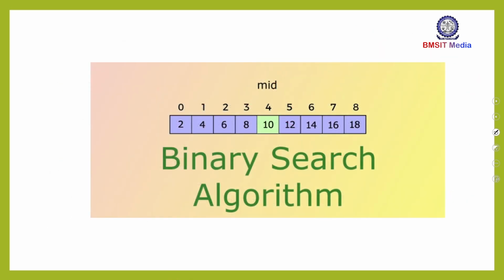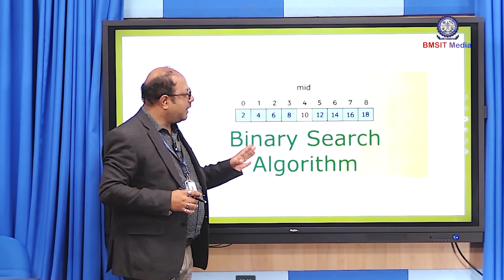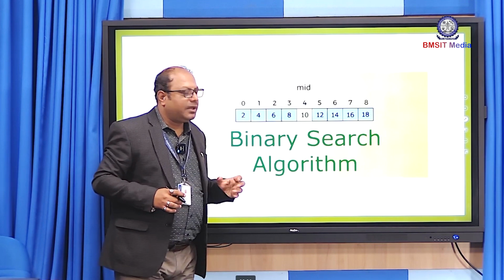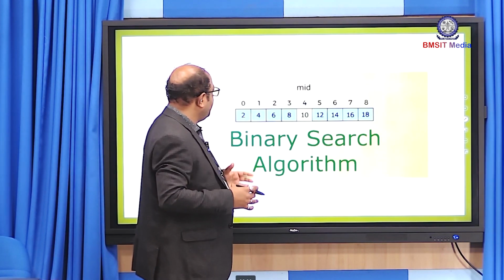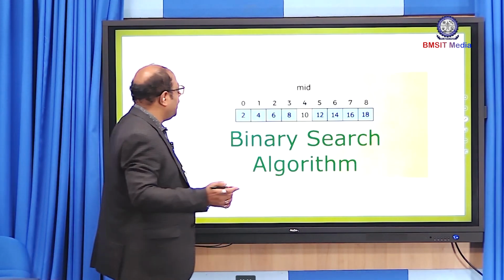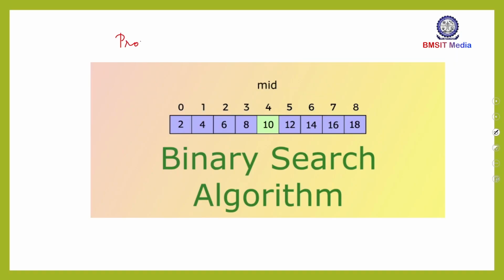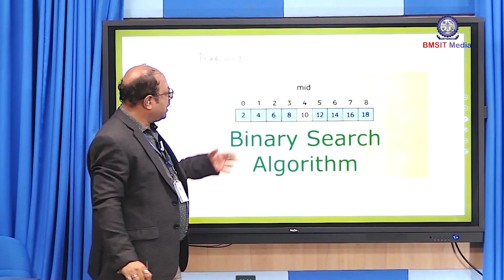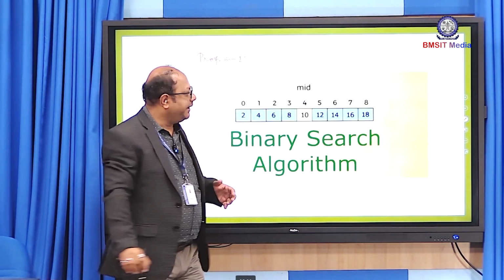Next, I am going to discuss in this session binary search. We all know binary search is a very important algorithm to start with. This is our first program, number 1, binary search. What happens in binary search? I'll explain in detail.